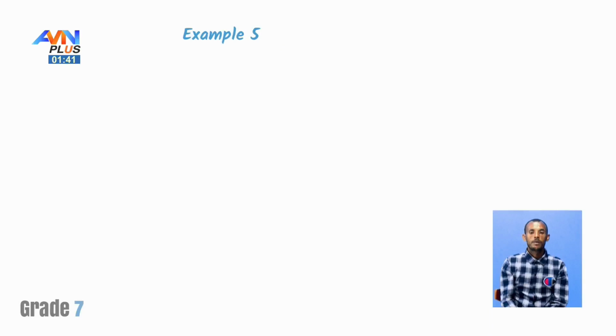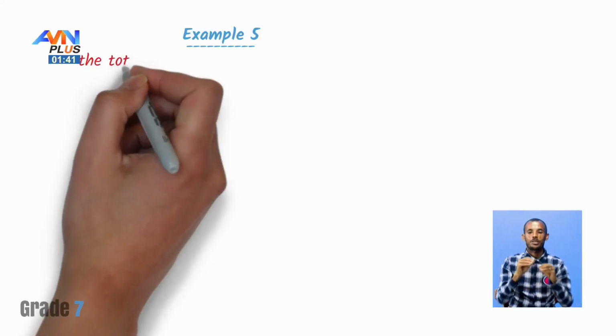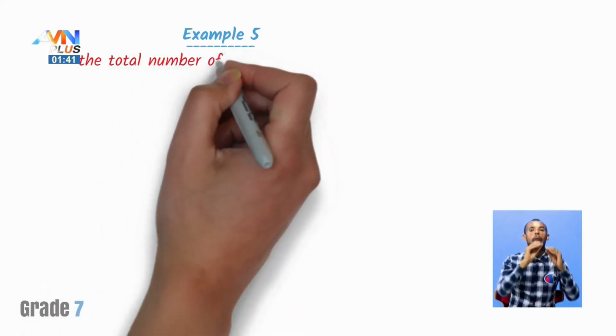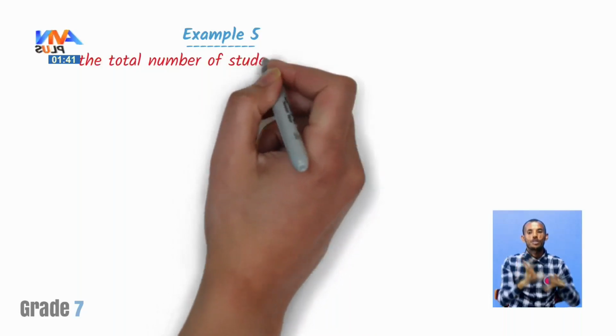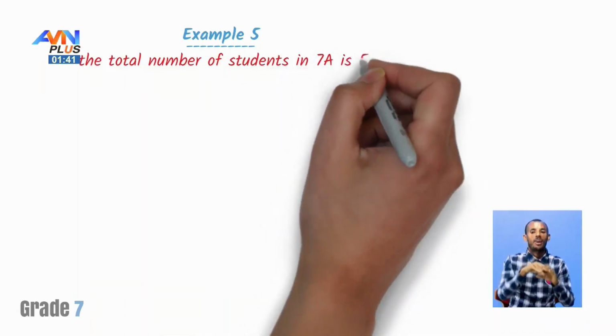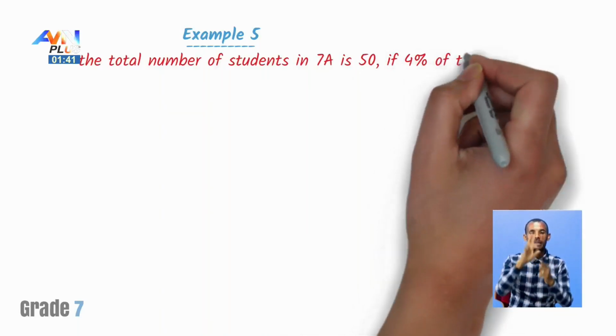Example 5. The total number of students in 7A is 50.